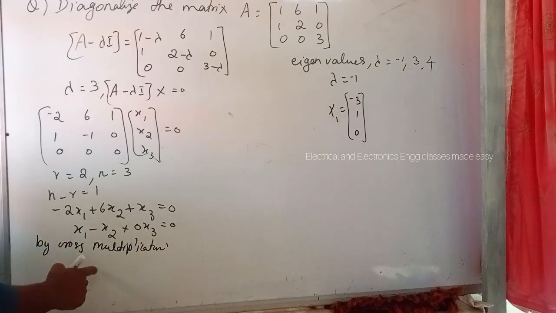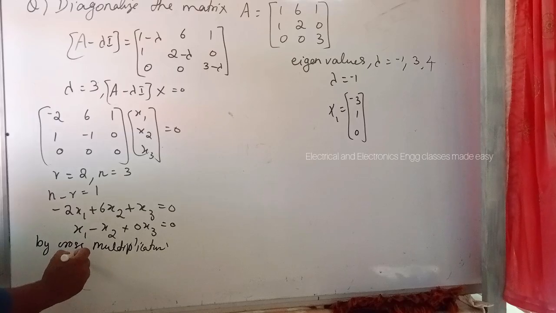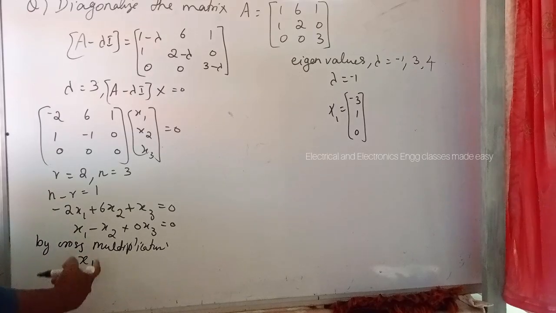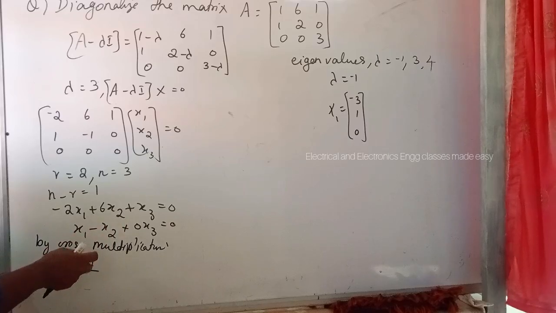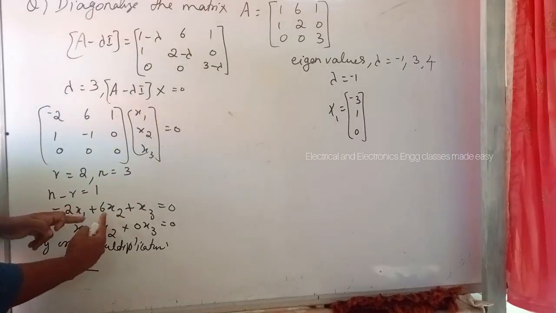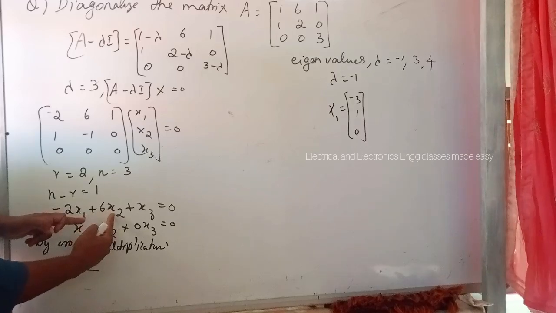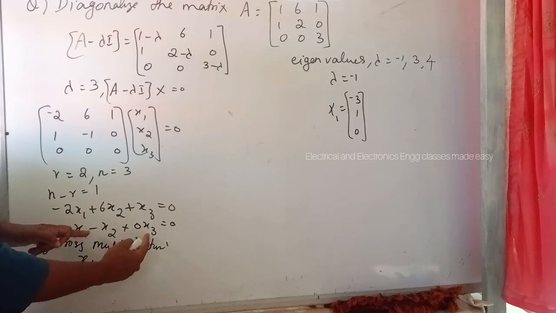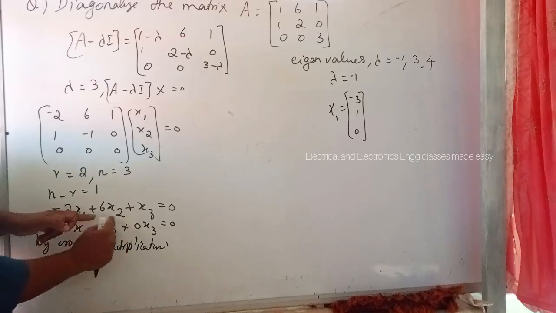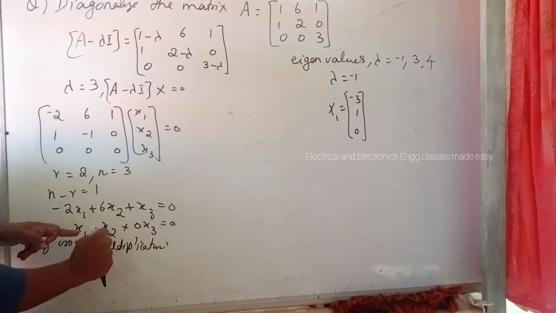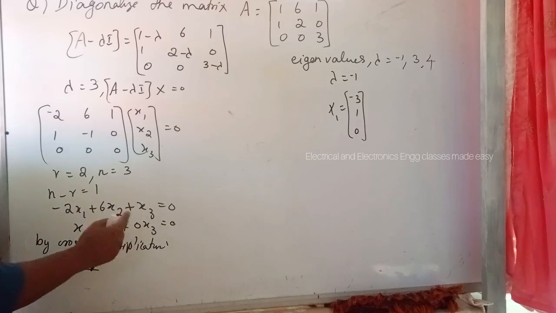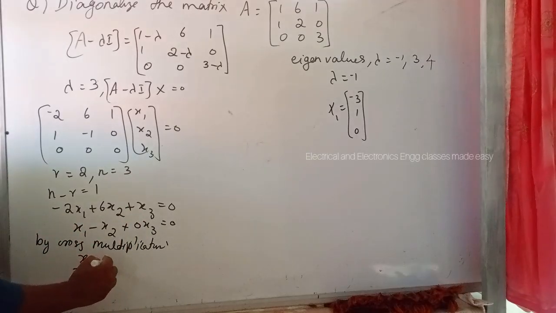In cross multiplication, let us write x1 divided by the cross multiplied value, that is, the coefficients of x2 and x3. So we cross multiply: 6 into 0, that is 0, minus (minus 1 into minus 1), that is plus 1, equal to.